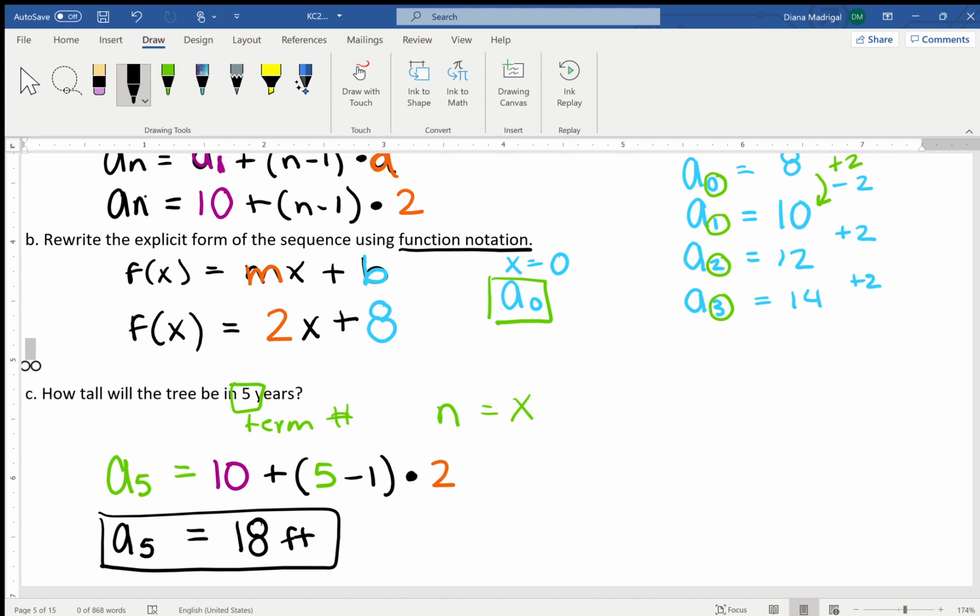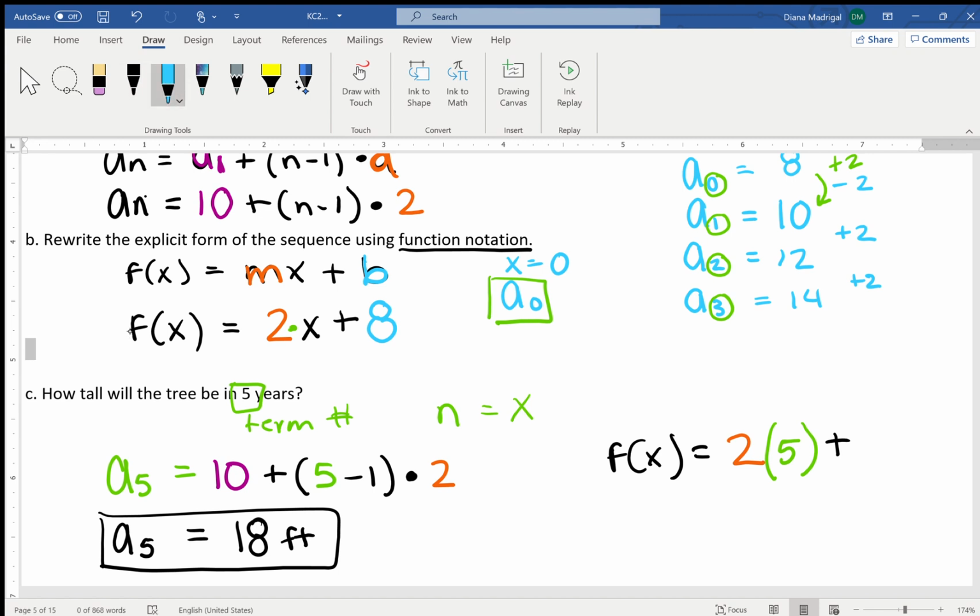Okay. Now, let me do the function notation. I have f of x equals 2x, where x, I told you, is the term number, and this one is 5. We put that in parentheses because we're multiplying. 2 times x, that's what's happening here. So it's 2 times 5, and then we have the plus 8.